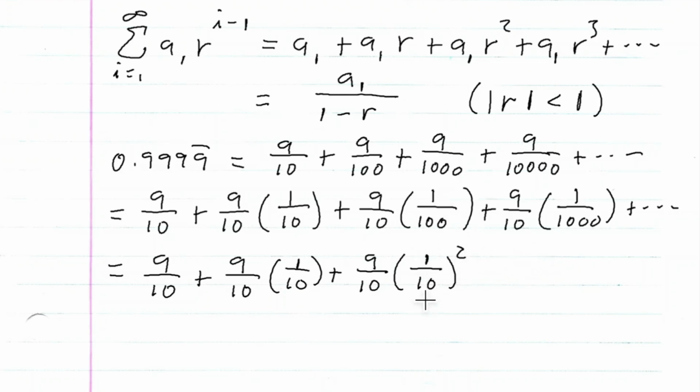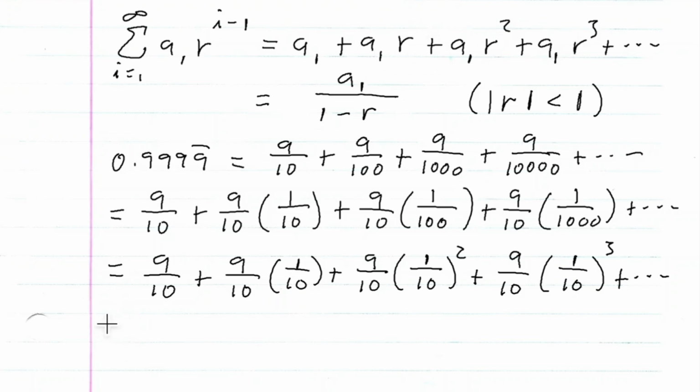Because 1 over 10 times 1 over 10 is 1 over 100, plus 9 over 10 times 1 over 10 cubed, right? Because 1 over 10 times 1 over 10 times 1 over 10 is 1 over 1000, right? And then the sum goes on and on. So you can see we have it in the form of our infinite series, right?